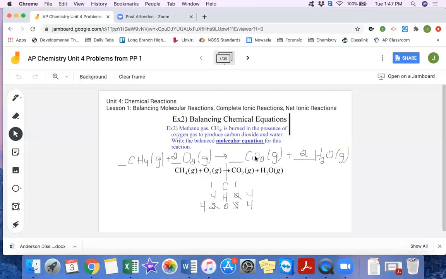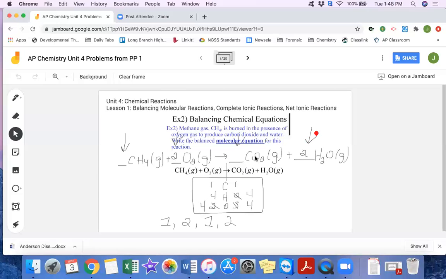If we now look at our work, we have 1 carbon on each side of the arrow, 4 hydrogens on each side of the arrow, and 4 oxygens on each side of the arrow. If I were to ask you what the coefficients are that balance this equation, you would say the coefficients are 1, 2, 1, and 2. Where did I get that? If we go back to our equation, the coefficients in front of each compound are the ones that balance it.